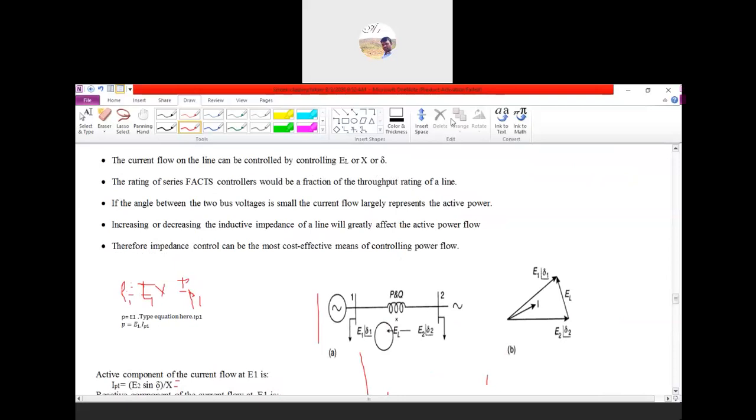So whatever resultant current we are injecting should be within a limit, not above and not below. That's why whatever FACTS devices we are using should be within permissible limits only.